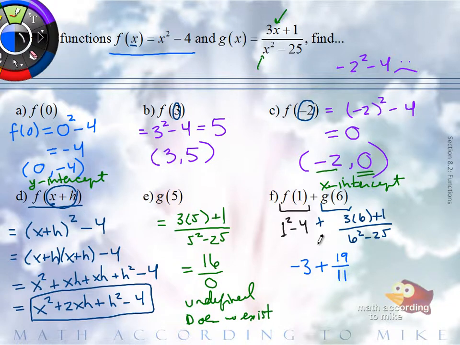Let's see, so that'd be negative 33 over 11 plus 19 over 11. What does that give you? Negative 14 over 11? Since this did not come from one function, we cannot write it as an ordered pair. We have to just keep it as it is.